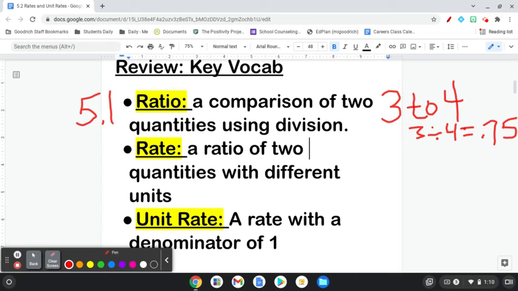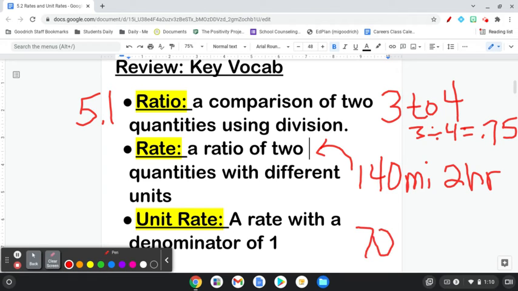So an example of a rate here is I drove 140 miles in 2 hours. That's a rate. A unit rate would be 70 miles per 1 hour. So again, a unit rate has a denominator of 1. How much for 1? How far for 1? How many for 1? If you need more time to write this down, pause the video.